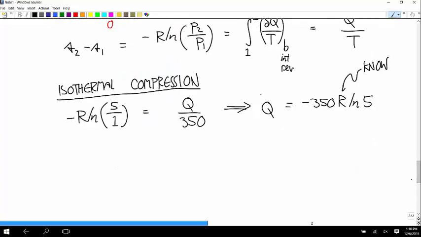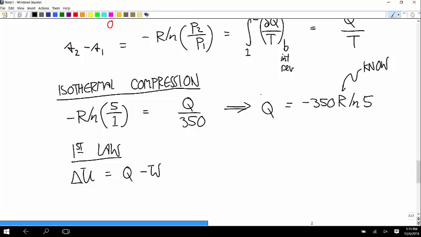Now let's think about the work. How are we going to get work? The most likely thing is we're going to have to use the first law for that. That's the way we normally relate work and heat. So the first law says the change in internal energy is equal to Q minus W. What do we know about internal energy for an ideal gas?